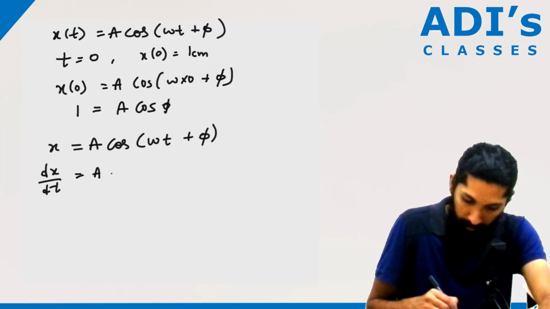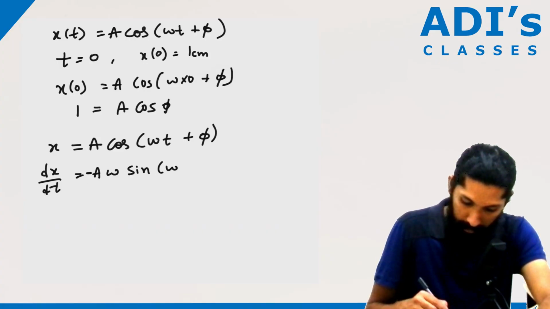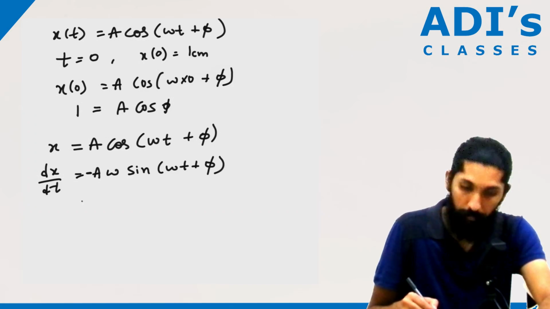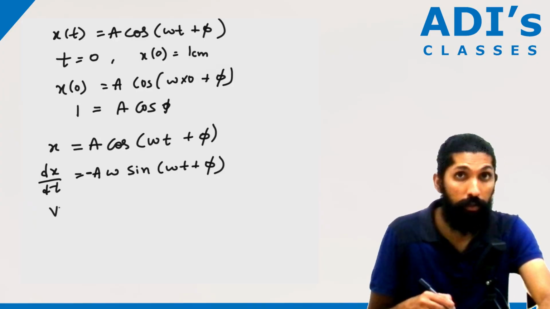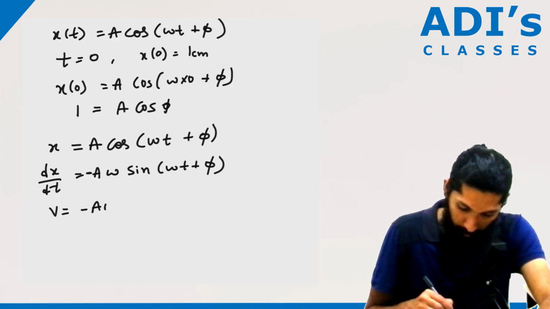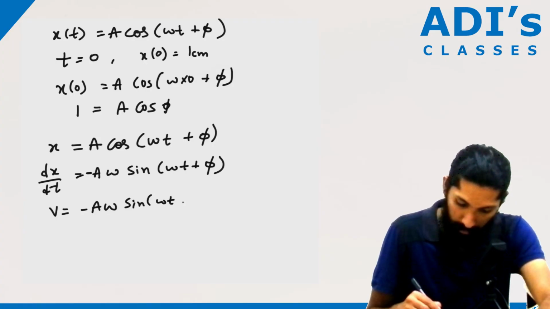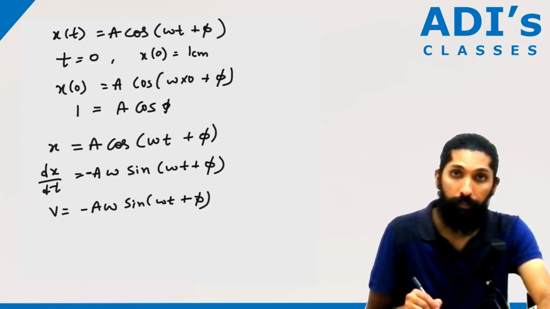So dx by dt becomes a omega into minus sine of omega t plus phi. dx by dt is the velocity. So v is equal to minus a omega sine of omega t plus phi.